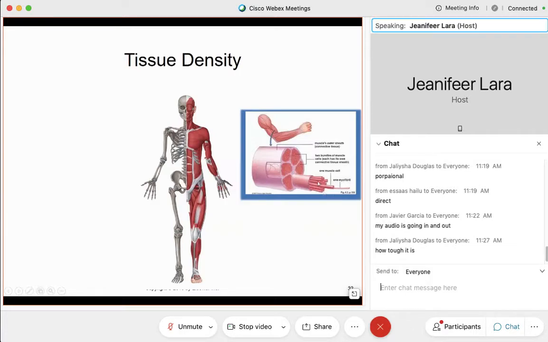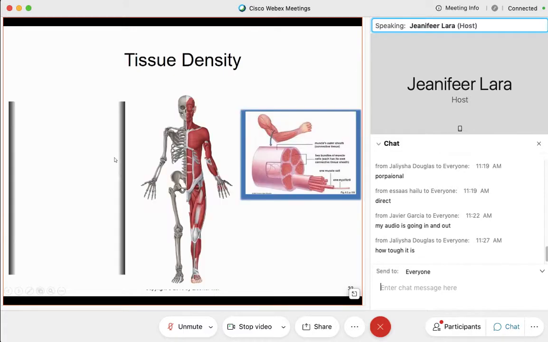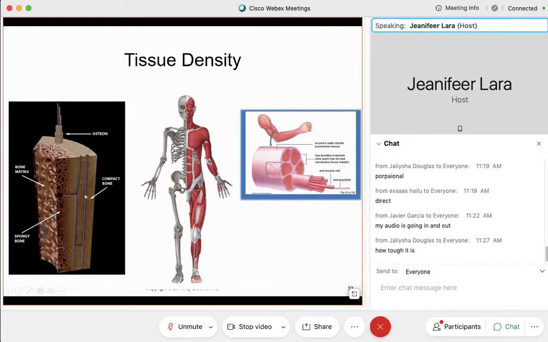So we have compact, tight tissue, but it has the ability to move, to expand, to wither, atrophy. Okay? But skeletal muscle, unless it starts to lose its mineral, will relatively stay the same.